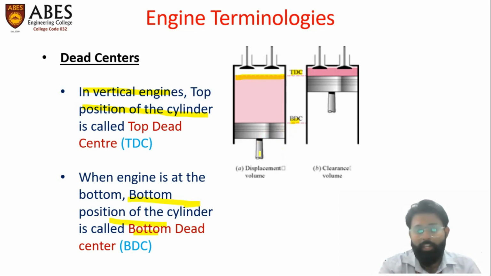Because the connecting rod is connected to the crankshaft, and the crankshaft has a particular dimension and position, the crankshaft will not allow the piston to move further. So the last point where the head of the piston will lie is the bottom dead center. These are the two dead centers.